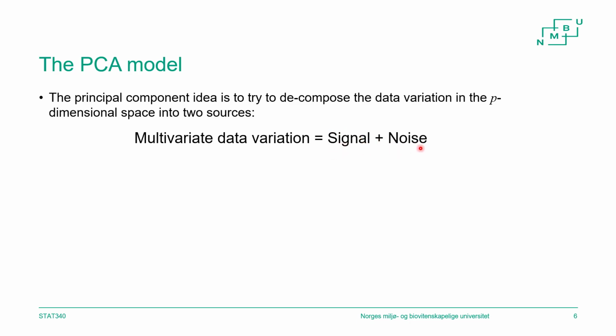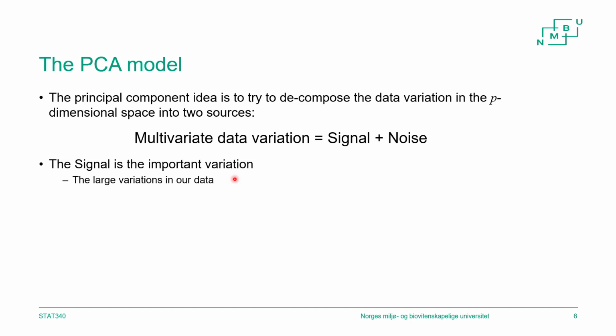Obviously signal is what we are looking for. This noise part here is not so interesting. So this is the main idea. There are two sources of variation. One is signal, the other one is noise, and it's the first one we are interested in. So that's the important variation in a sense.